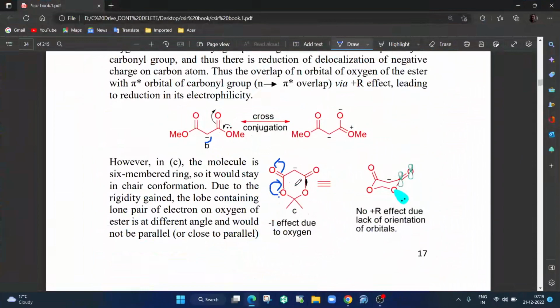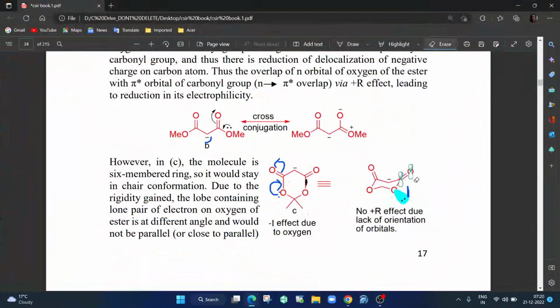But the interesting thing is, when it exists in chair conformation, this oxygen is like this. So the lone pair is in this direction. You can see very clearly one lone pair is here, another lone pair will be inside the screen, but it is not parallel to your anti-bonding pi star molecular orbital. So they do not overlap at all. There is no overlap at all.